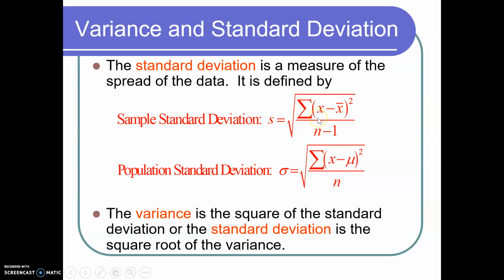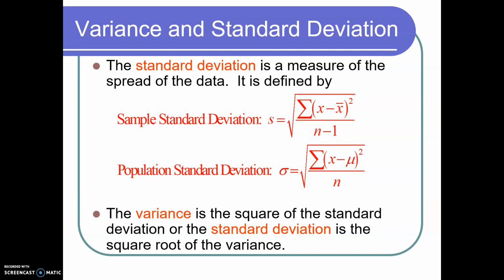These two formulas are actually about the same. One is divided by n minus 1, the other just divided by n. Now, one thing to remember is that the variance is the square of the standard deviation, or the standard deviation is the square root of the variance.